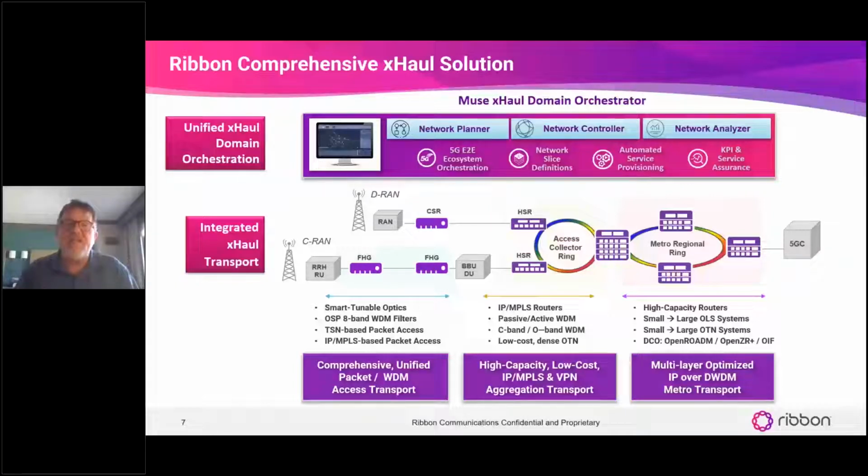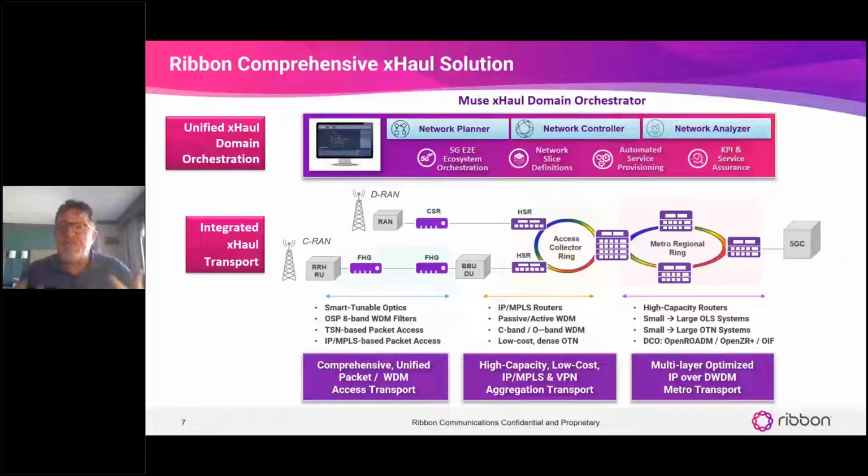And so what is needed is a hardware and software solution that not only supports the hardware requirements we've been talking about, in terms of slicing, in terms of optical capabilities for WDM to maximize your fiber in terms of fronthaul, and then provide that IP MPLS solution for soft slicing all the way through the network.